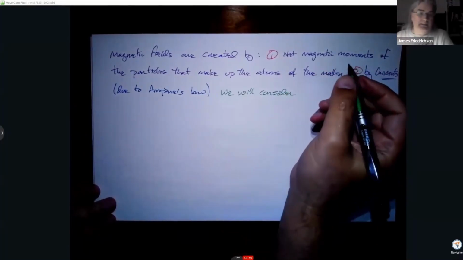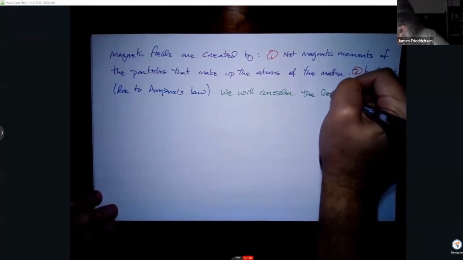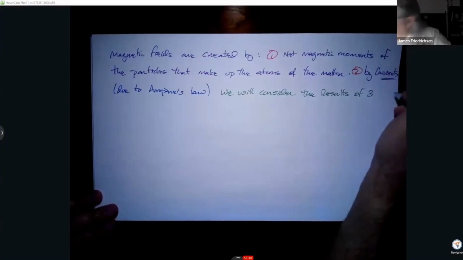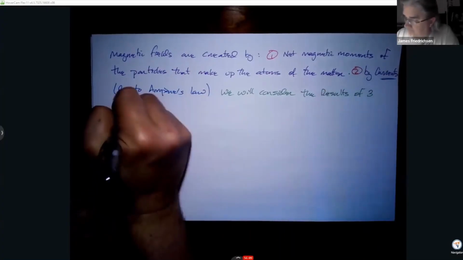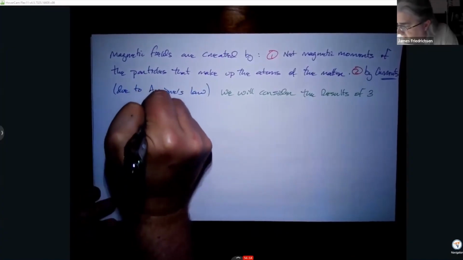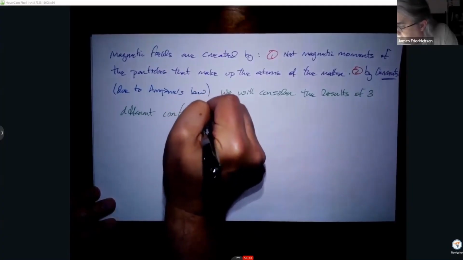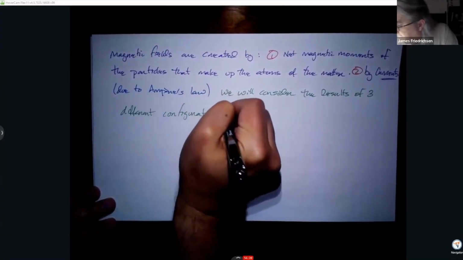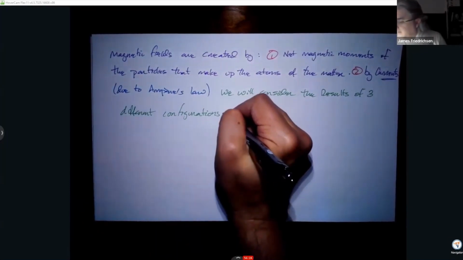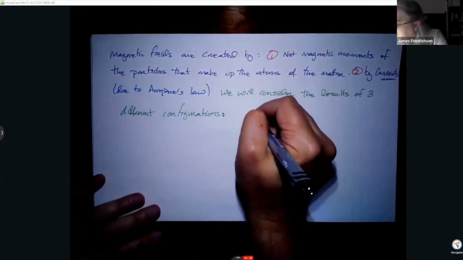So we're going to consider three different configurations of current carrying wires to create magnetic fields.